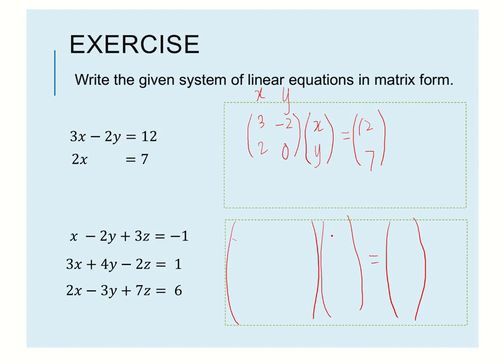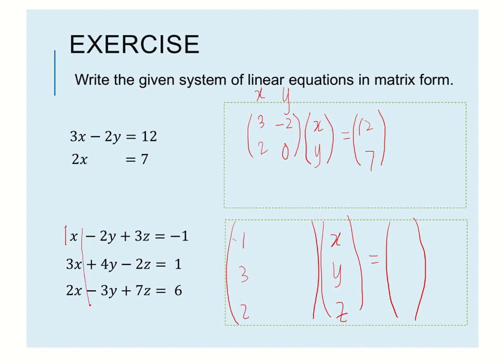The second matrix should be the variables. So it will be x, y, z. We have 3 variables, and the arrangement must be in column arrangement. Now, how about the first matrix? It will be the coefficients. 1, 3, 2. So we are going to put 1, 3, 2.